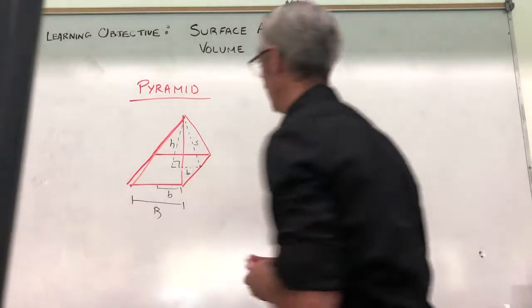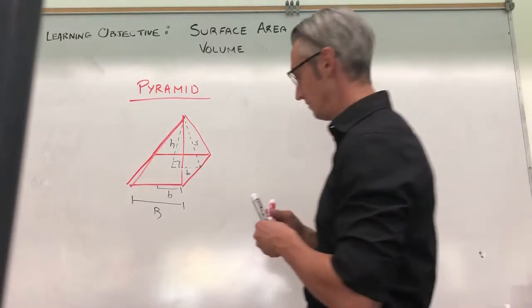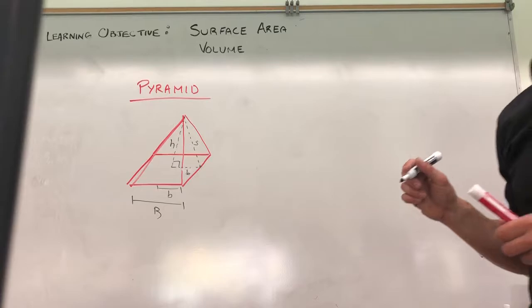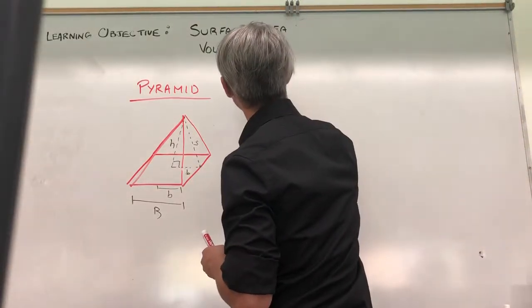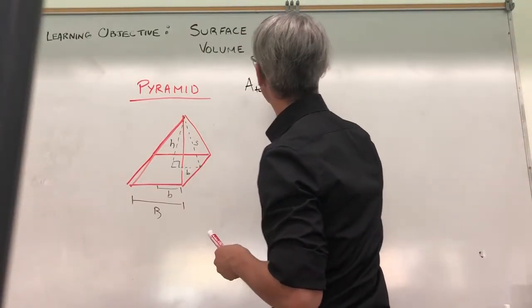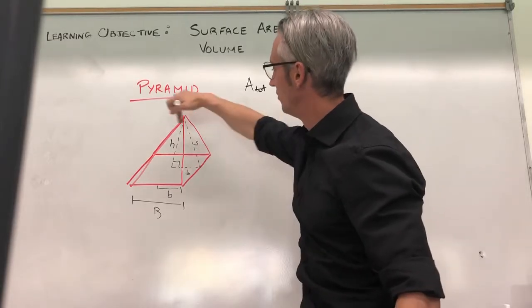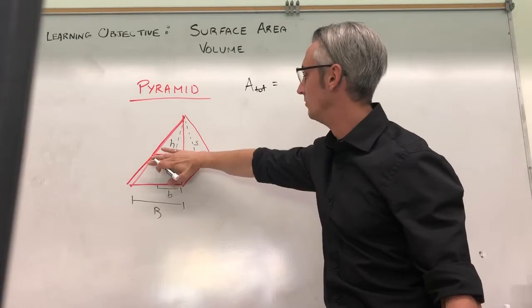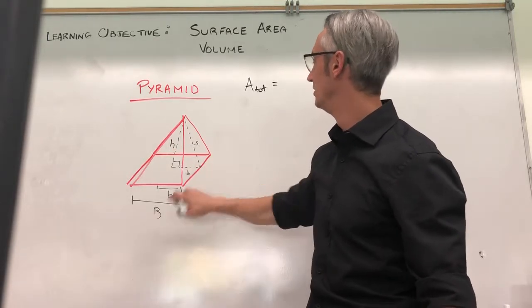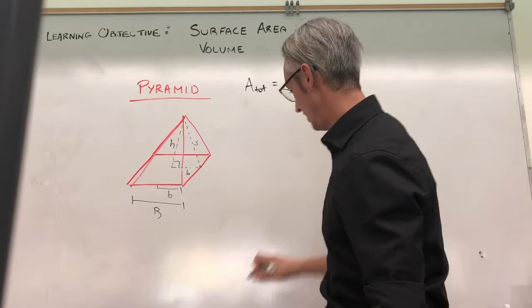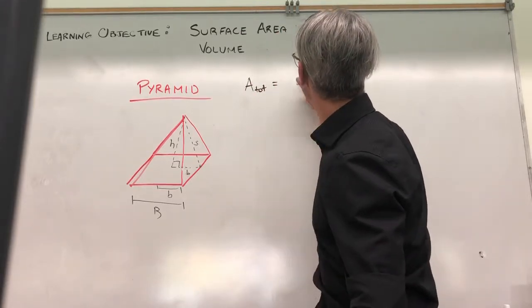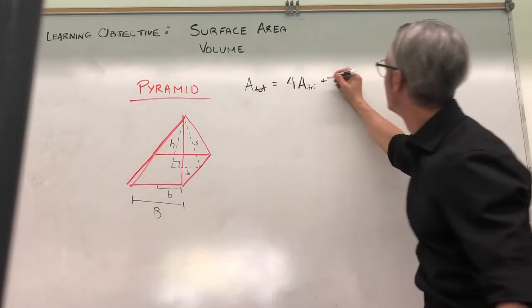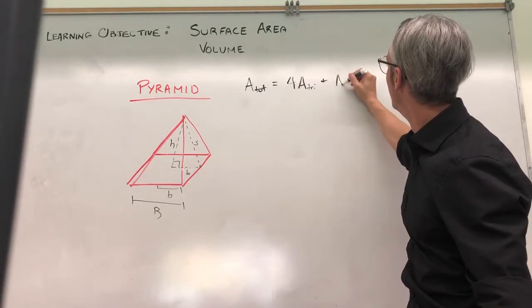So, 2 formulas. First we'll do area. The total area is going to be the area of each triangle, so 4 triangles, plus the area of the square at the bottom, which is just B times B. So it's 4 times the area of the triangle, plus area of the base.